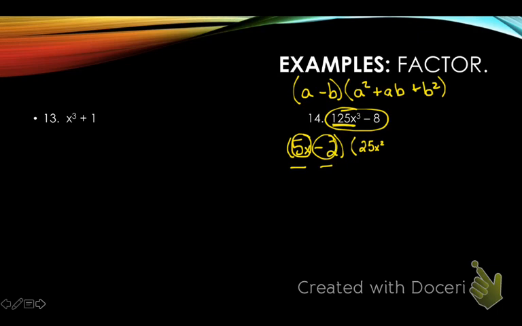Negative 10, or excuse me, 5x, so it's going to be a plus, so it's going to be plus 10x, because the middle term has to be positive. And then what is 2 squared? Plus 4. So I'm going to rewrite this. So whenever I factor it out, 5x minus 2 times 25x squared plus 10x plus 4.